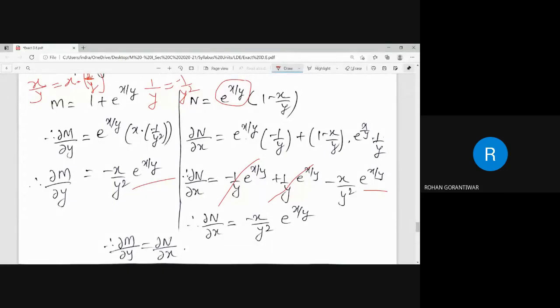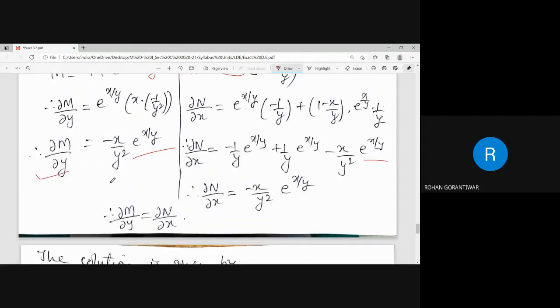Yes, sir. So I hope both the values are coming out same. Del m by del y is equal to del n by del x. Okay? So the solution will be given by, I hope everybody has noted down the step.